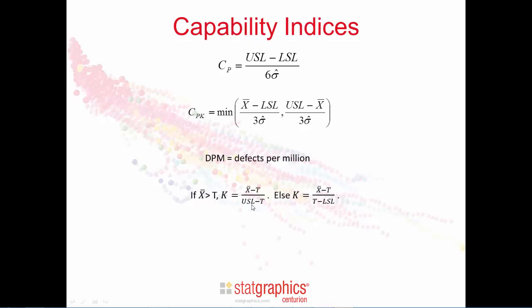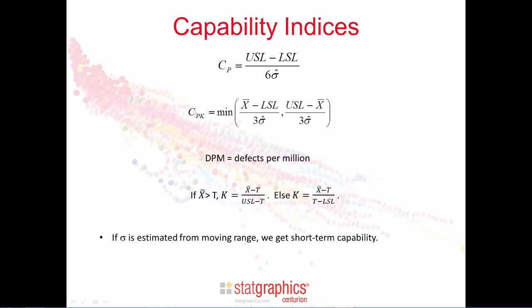If the mean is less than the target, then K is x bar minus T divided by the distance between the target and the lower specification limit. Basically, K measures how far we are off center as a fraction of the way to the nearest specification limit.